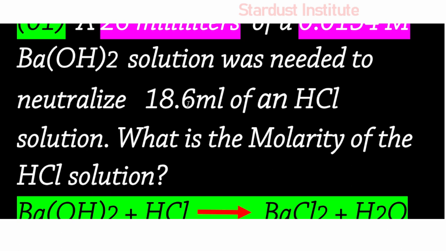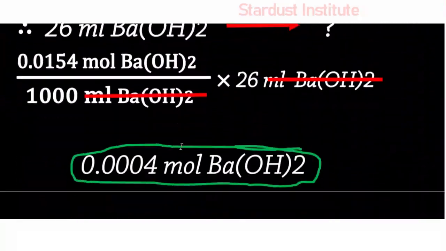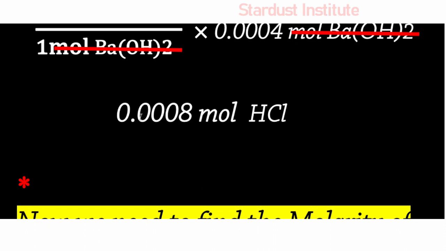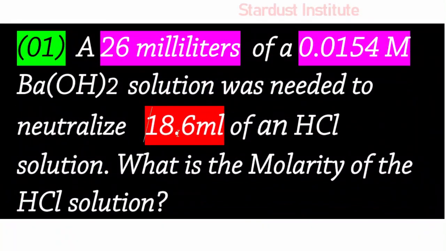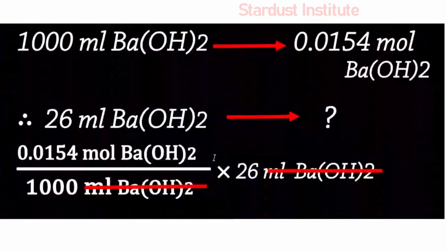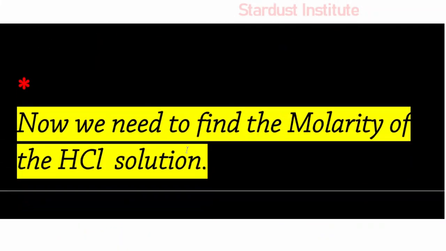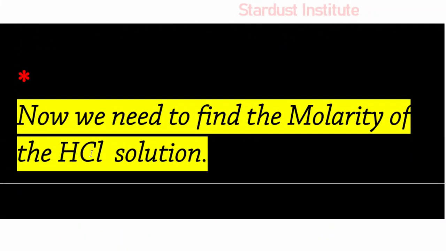In 18.6 milliliters of this HCl solution, there are 0.0008 moles of HCl. Now we need to find the molarity of the HCl solution.